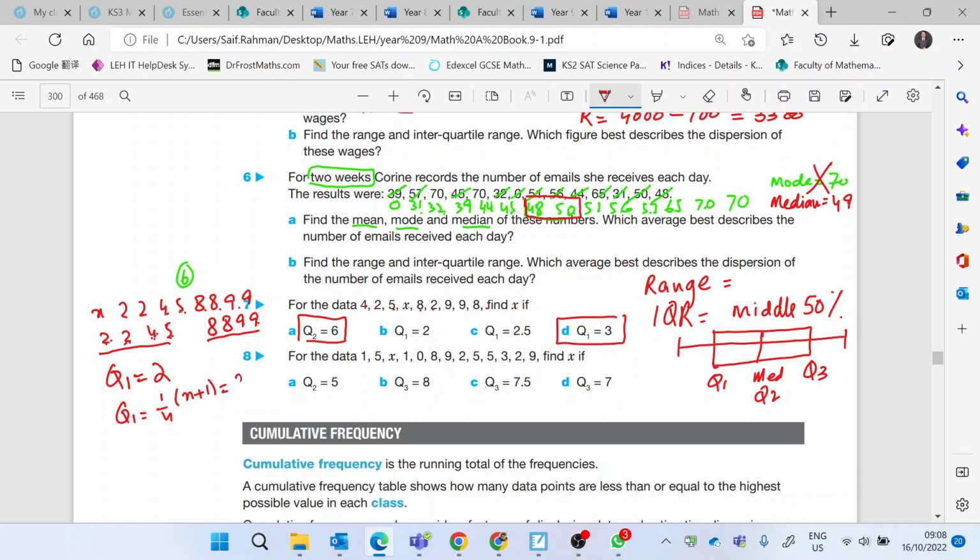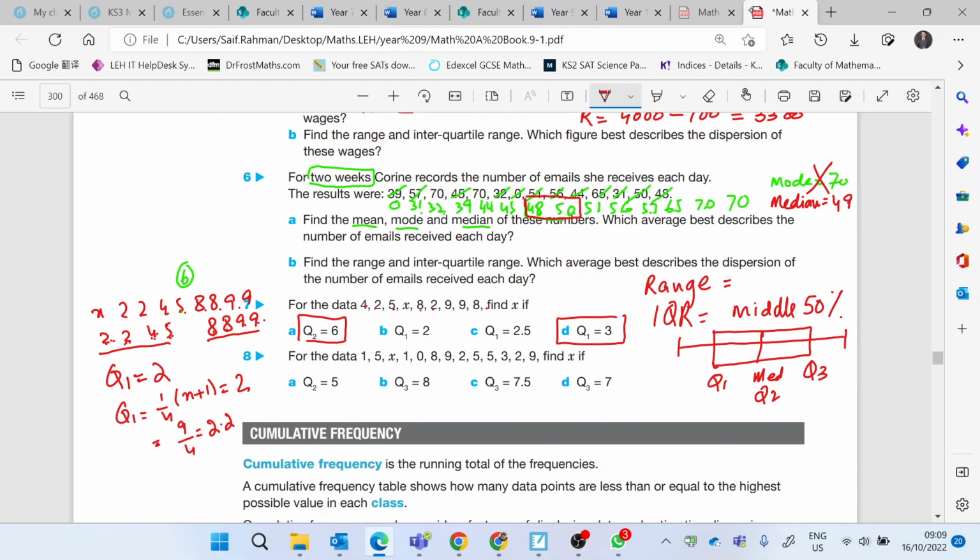The answer should be 2. How can it be 2? Right now n is 9, so it's 9 by 4, which is 2.2, between 2 and 3. It should not be 9 by 4, right?